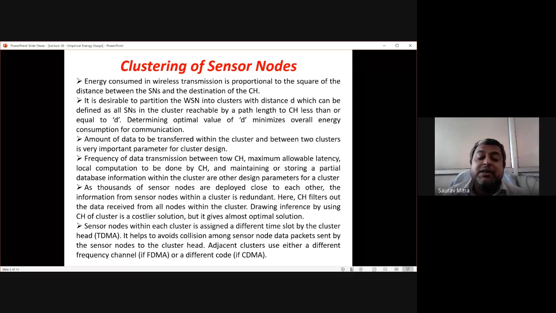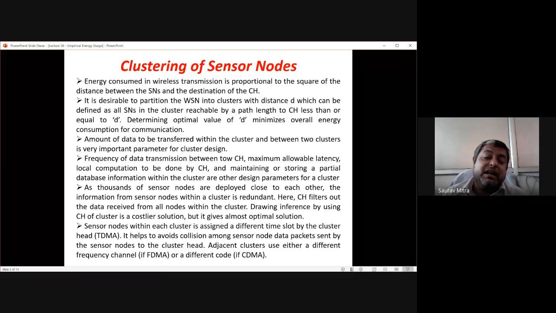So the cluster head will tell only one sensor node within the area to send the temperature data. This is the way we reduce the communication power or communication energy.